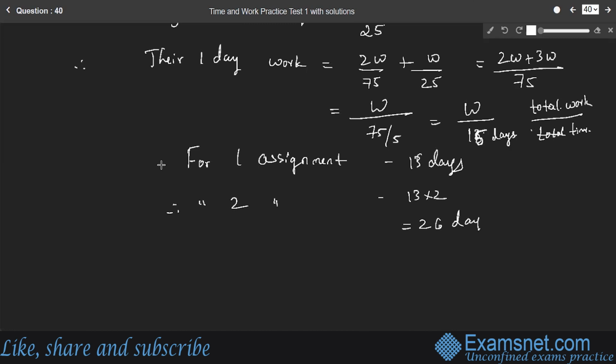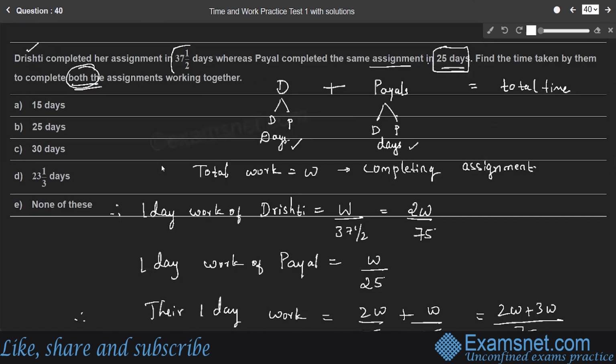So for one assignment, they take 15 days. Therefore, for two assignments, they take 15 into 2, which is 30 days of time, right? Sorry, here 75 by 5 is 15 days, right? So for two assignments, they take 30 days of time. So here option C is the right answer.